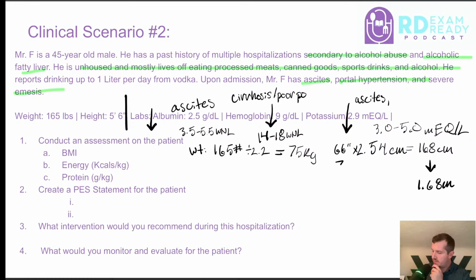And then finally, I'm going to take 75 divided by 1.68 squared. And his BMI I got is like 26.6, 26.7, something like that.